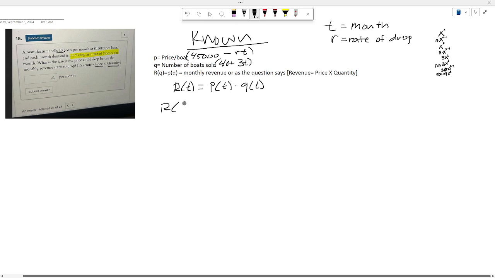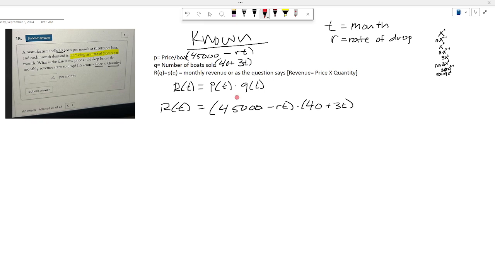We have R of T equals P of T, which is 45,000 minus R times T, and then it's multiplied by Q of T, which is 40 plus 3T. Okay, so now you're probably like, if you're like me, you'd get stuck here because you're like, what do I do? And the answer is we're just going to FOIL.